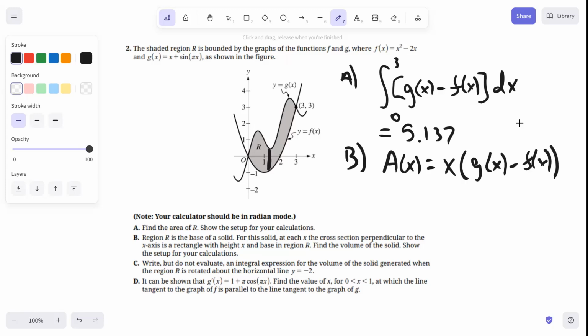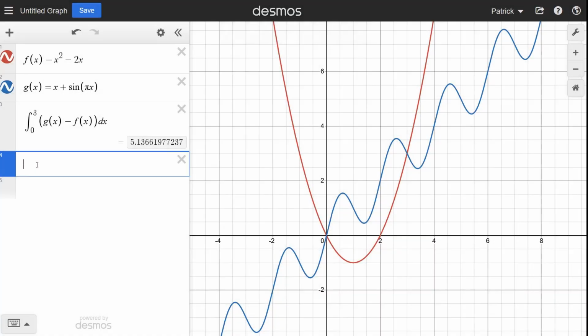Then to get the volume, we would do the integral from 0 to 3 of A of x dx. Since I defined what A of x is right here, I can use it when I write my integral. If you just wrote integral from 0 to 3 of x times the quantity g minus f of x, that would be fine as well. I already have f and g in Desmos as well as the integral from the previous problem.